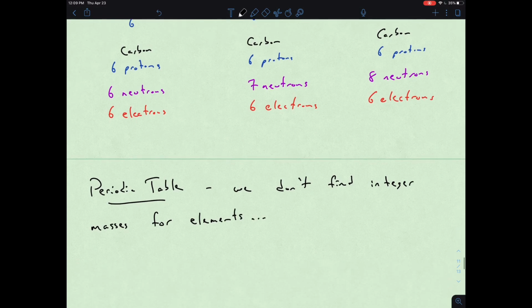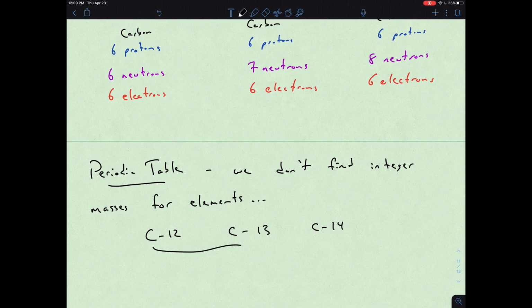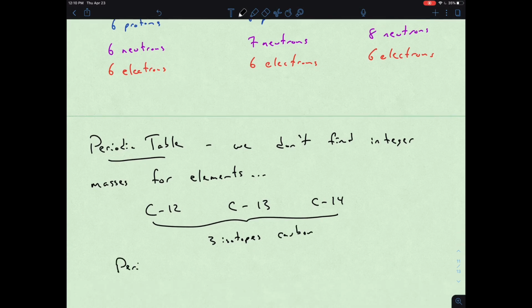Meaning that if we look at the 3 isotopes of carbon, if we go to the periodic table, we will see that carbon has a mass of 12.011.